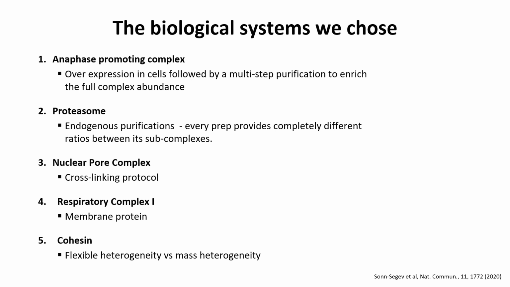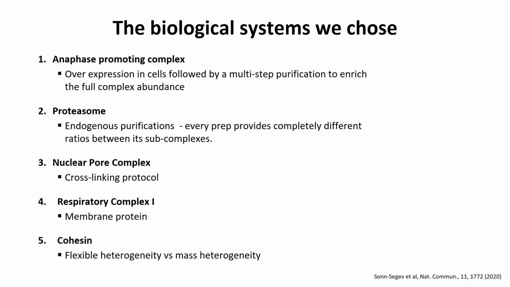The second system is Proteasome, where it's endogenous purification, so each preparation provides you completely different ratios between its subcomplexes, and then you want to know exactly what your starting point is in each preparation. We will highlight also some extra benefits of mass photometry, specifically in the Proteasome.